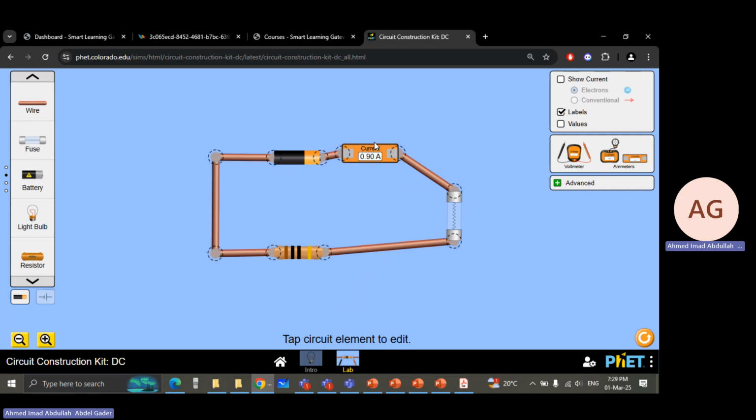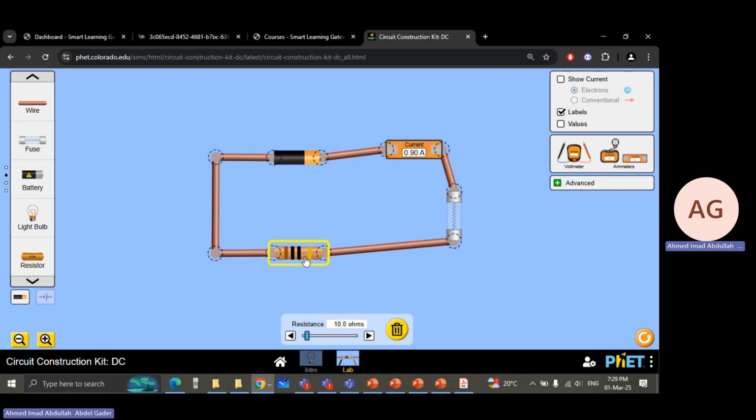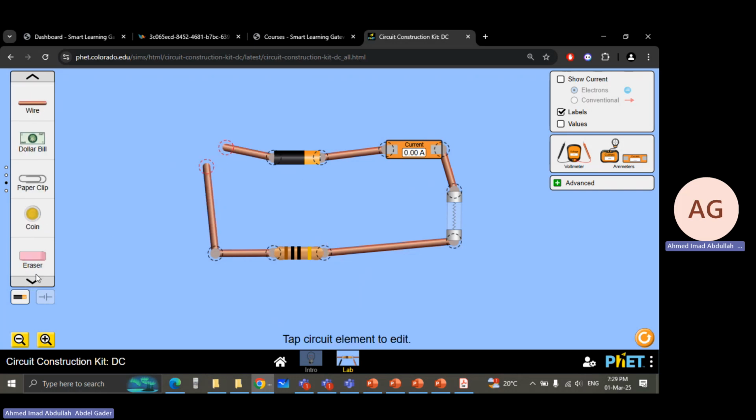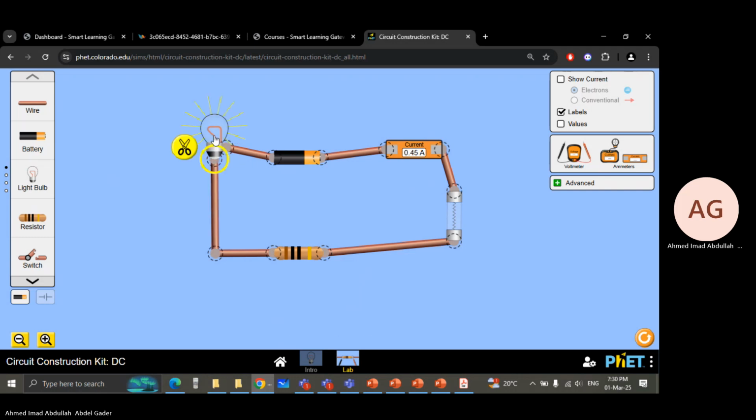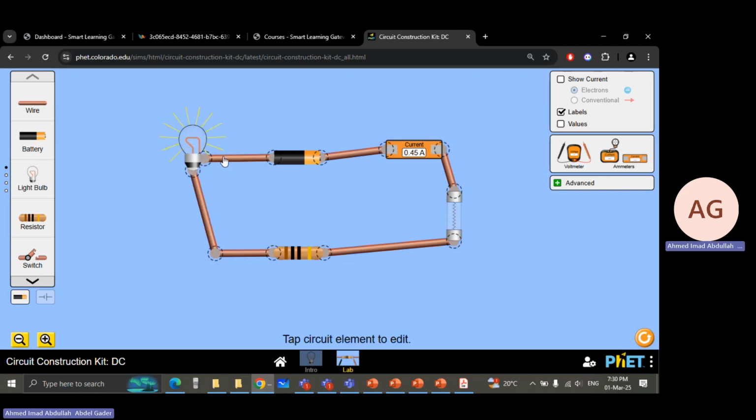Now let's hypothetically say that this resistor, or let's say another component, for example this bulb, will explode if the current exceeds 2 amps.